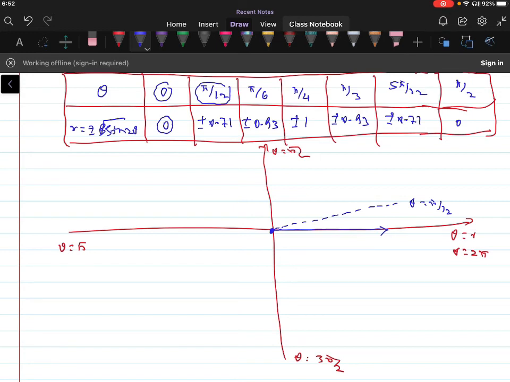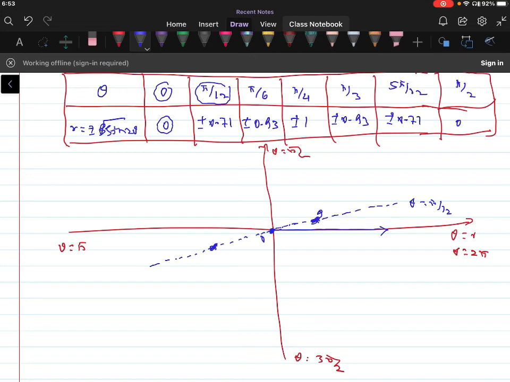So the radius from the origin, let us take the point here, approximately 0.71 comes here. So this is a point having theta is equal to pi by 12 and r is 0.71. For the image of this point, just extend the ray. Then r will be minus, so this point is minus 0.71 and theta is equal to pi by 12.